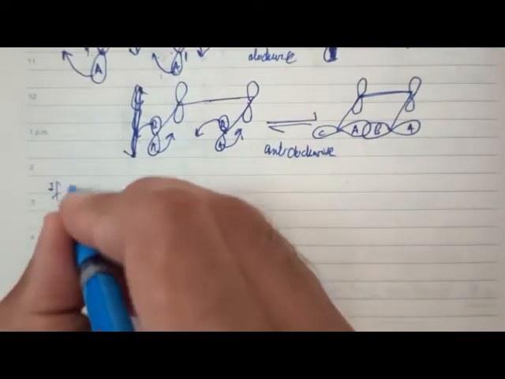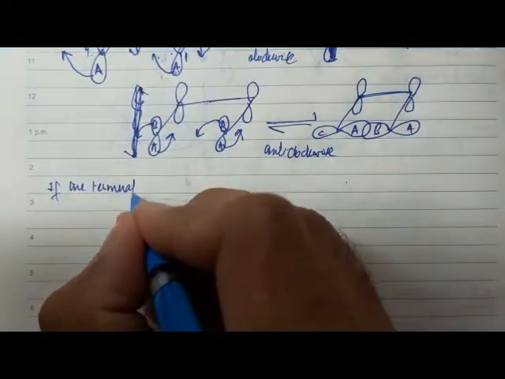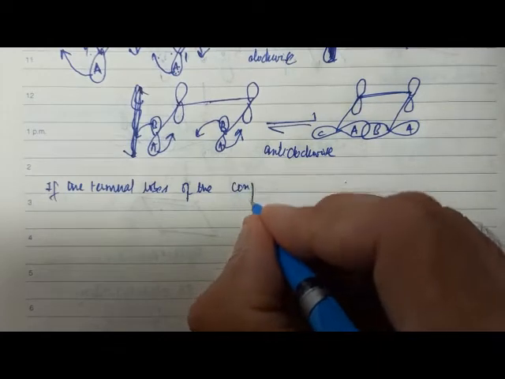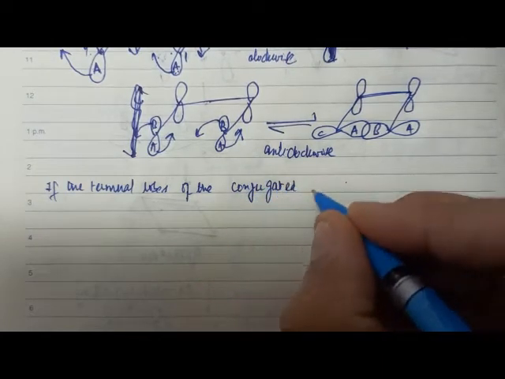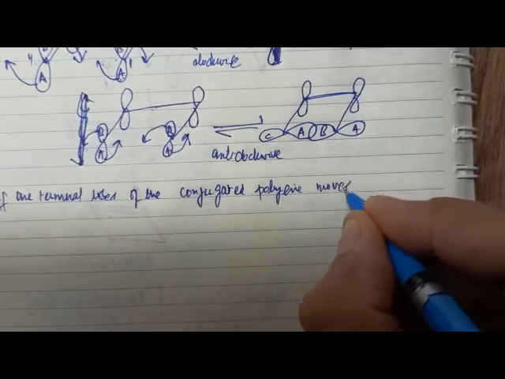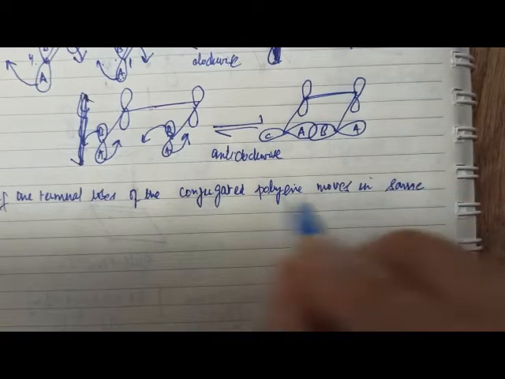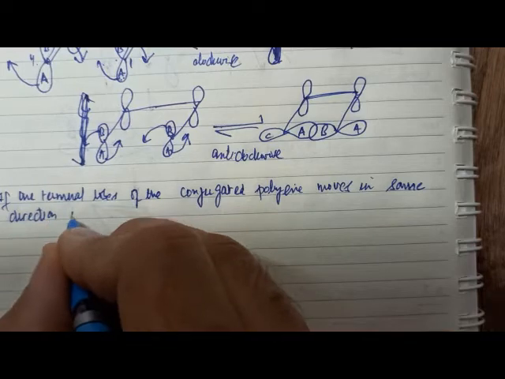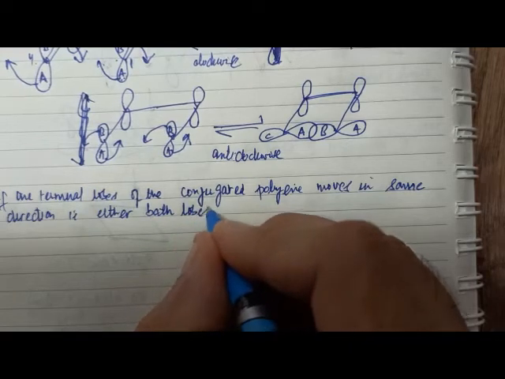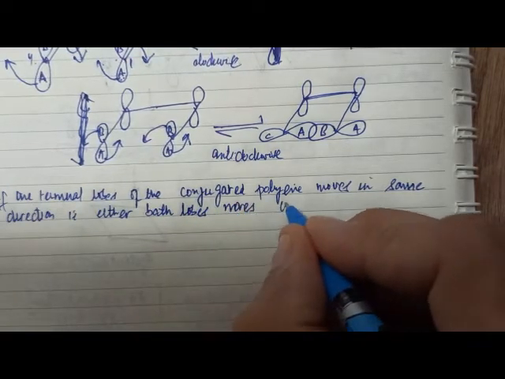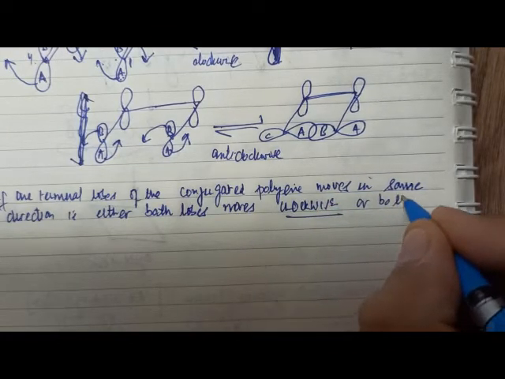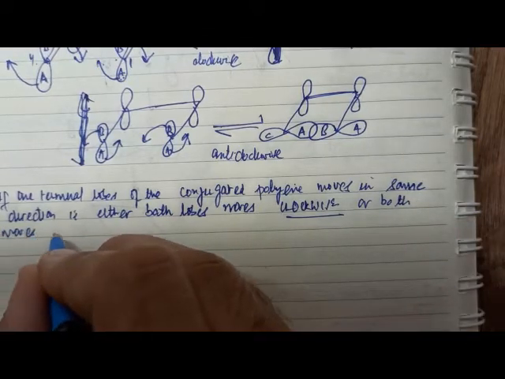If the terminal lobes of the conjugated polyene move in the same direction, that is, either both lobes move clockwise or both move anti-clockwise.